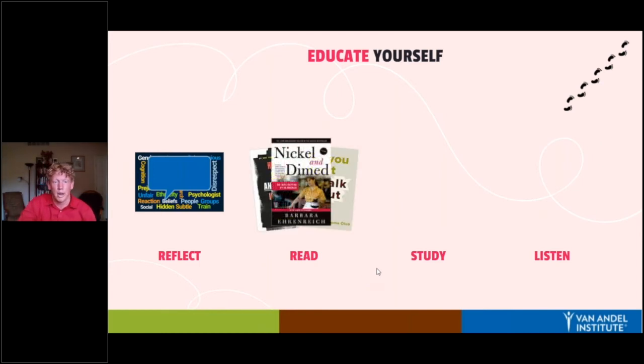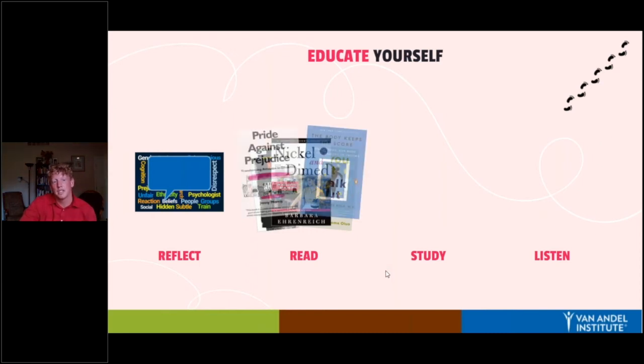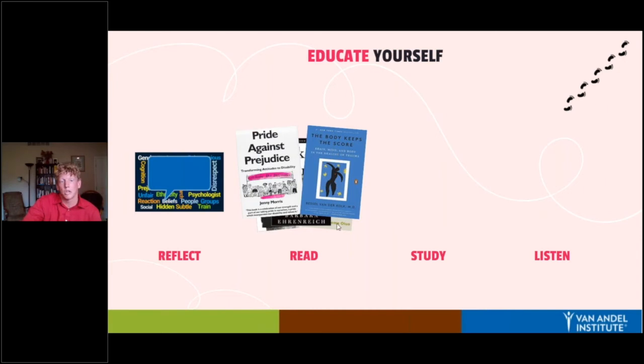A great book there about socioeconomic status and the way that that impacts students' experiences in the classroom, or about how disability status can impact education, or how trauma, The Body Keeps Score, great book about trauma. So wherever your students are and whatever you need to learn more about, we tell our students to read, let's do that ourselves. Read up on the topics that are relevant to you and to your students.